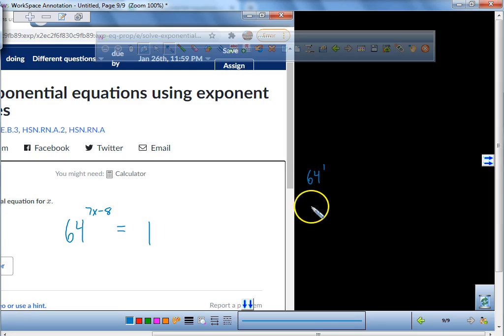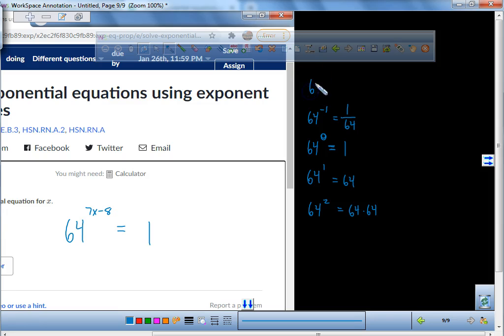64 raised to the power of 1, 64 raised to the power of 2 means 64 times 64. But not very many people in the world right now, if they weren't in a math class, would know what 64 to the power of 0 is if you just asked them off the top of their heads. 64 to the power of 0 is equal to 1. 64 to the power of negative 1 is actually 1 over 64.